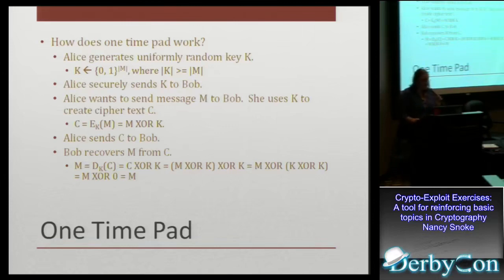Then Alice wants to send this message M to Bob, so she creates a cipher using that key, which is just XORing the message and the key. Alice sends C to Bob, and Bob can recover M from C by XORing C with K, which I wrote out the math for there. So that's basically how one-time pad works.